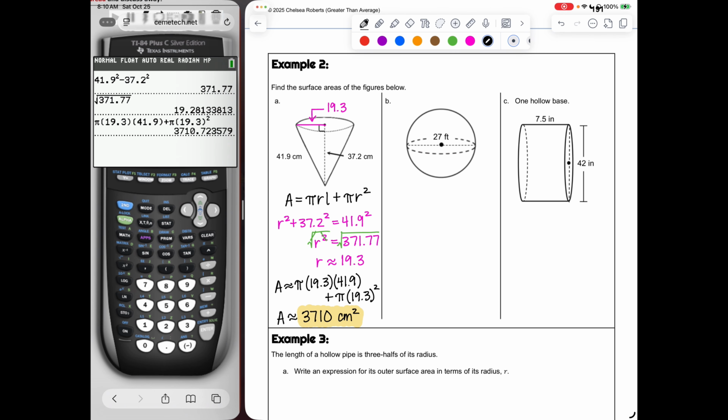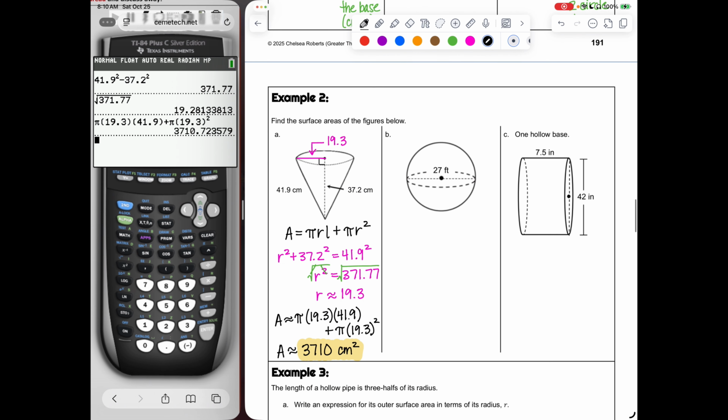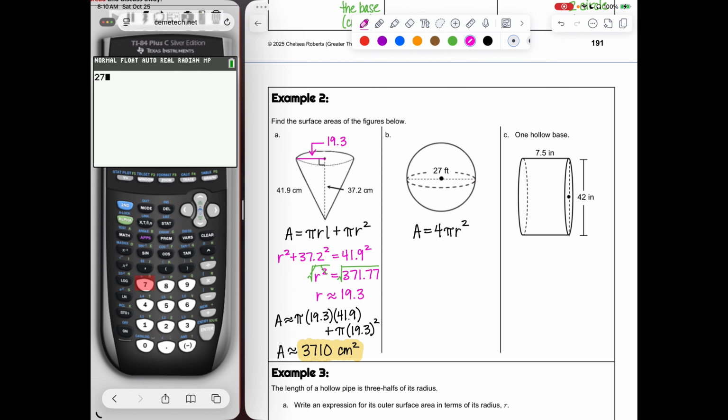So the formula for the surface area of a sphere is the surface area is equal to 4 pi r squared. All right, so all I have to do is figure out what my radius is. If my diameter is 27 feet, then that means the radius is half of that. So I'll do 27 divided by 2.